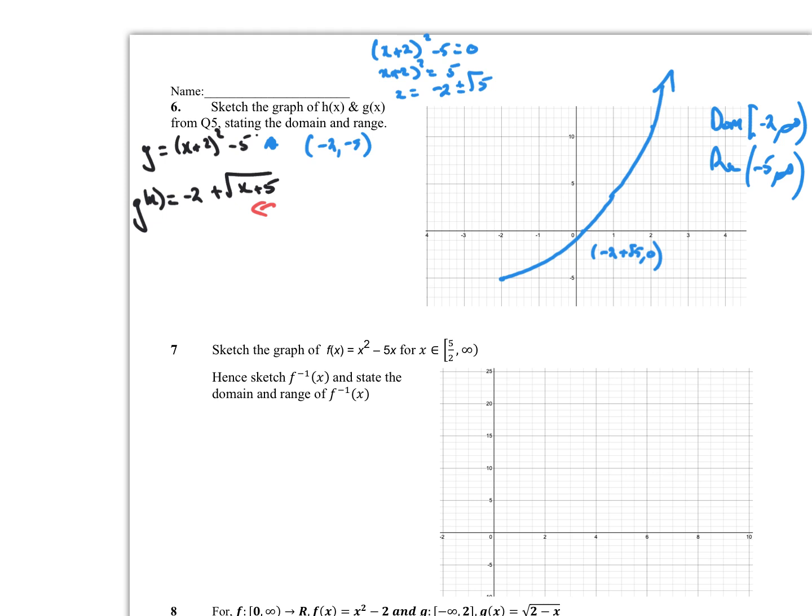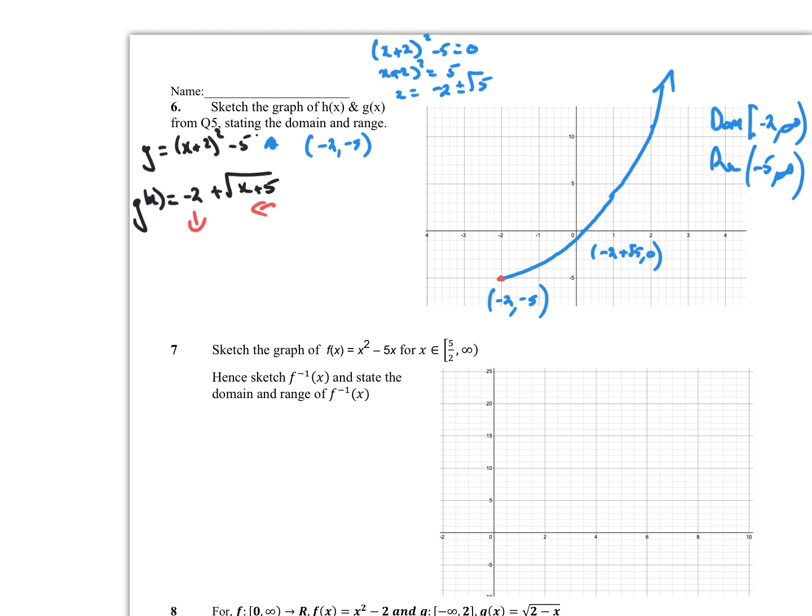Okay, so let's go into red now for my inverse function. That's shifting it 5 units to the left. That's shifting it down 2 units. Also, I know that the stationary point, which is at the point -2, -5, will be at the point -5, -2 for the inverse.